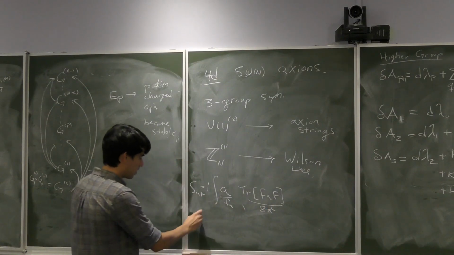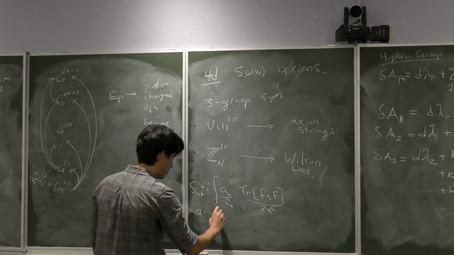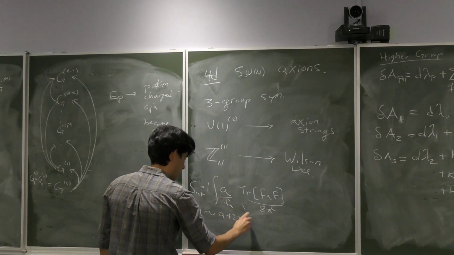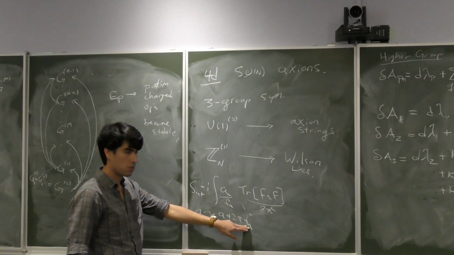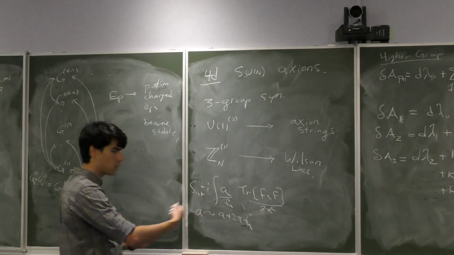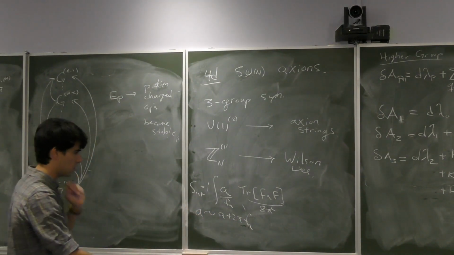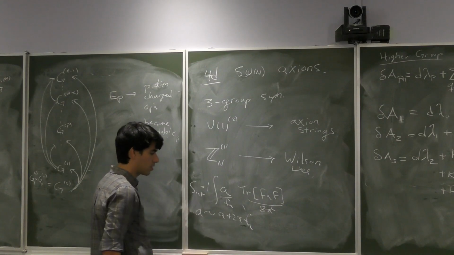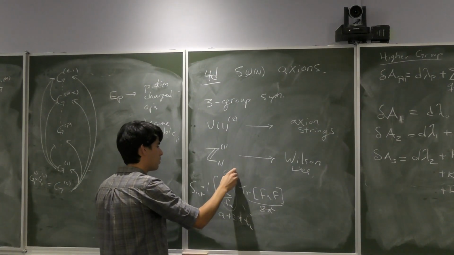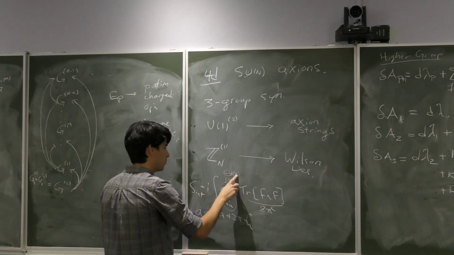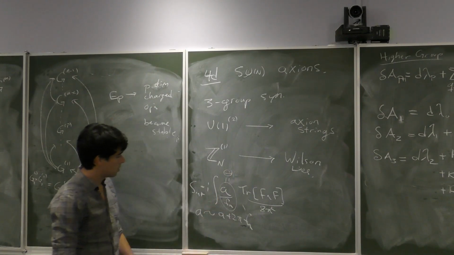So the axion is a periodic scalar field. And usually people write it with this parameter f_a, which is called the axion decay constant, which determines the periodicity. But essentially it's just a periodic scalar field. So you can think of this like some dynamical theta. So this is like a theta term.